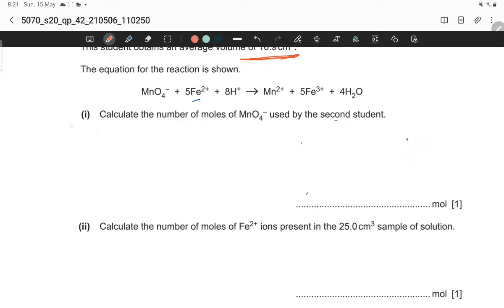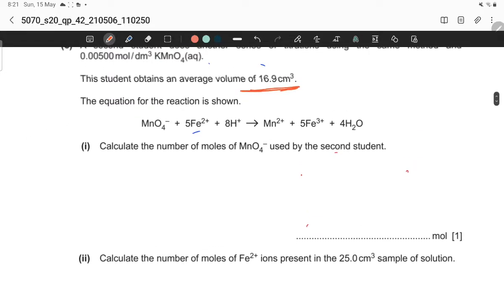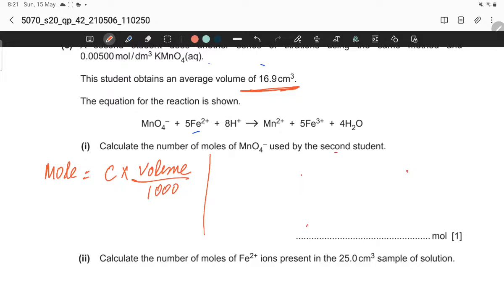We have concentration as well as volume. By using this formula, mole is equal to concentration into volume divided by 1000, because volume is in cm cube. So this is 0.0050 mol per dm cube.